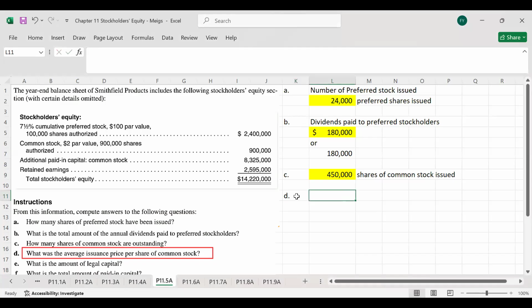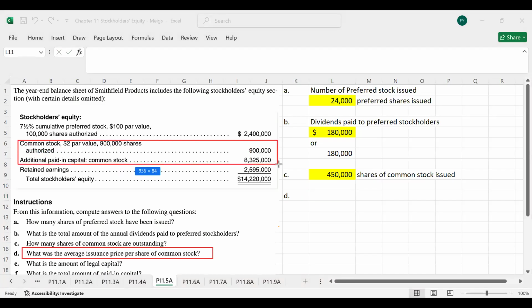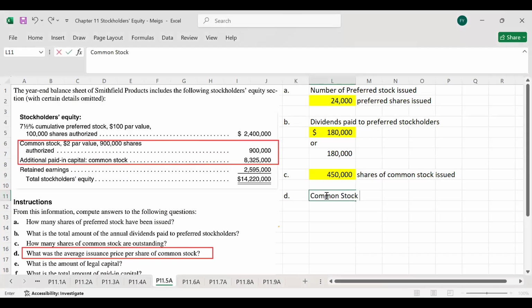We have two types of common stock values. One is the common stock par value and the other is the additional paid in capital.